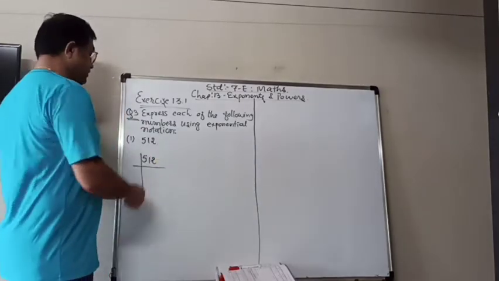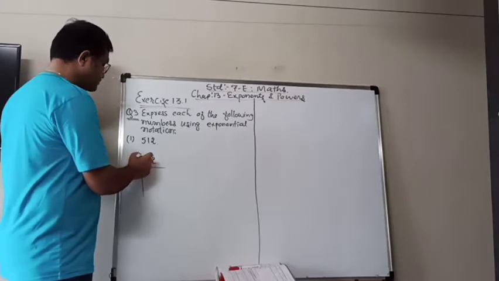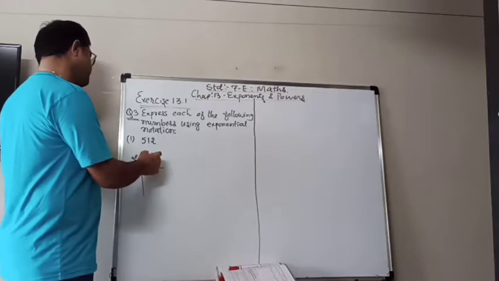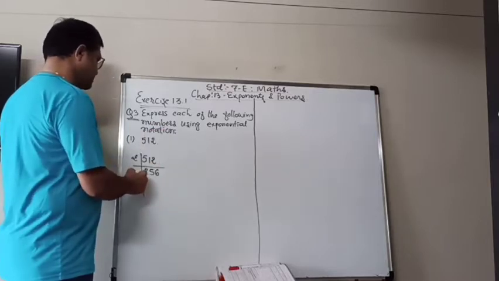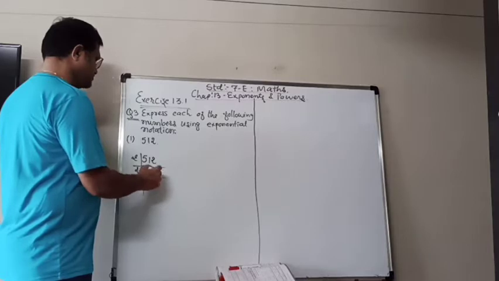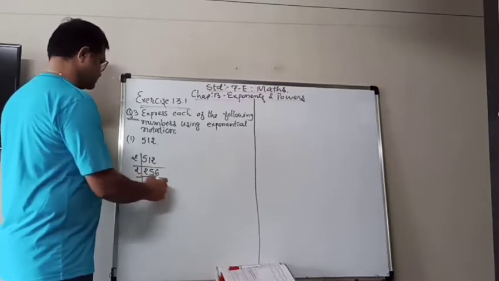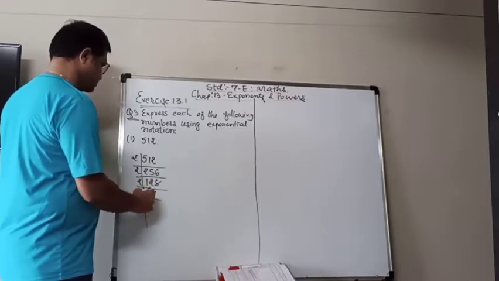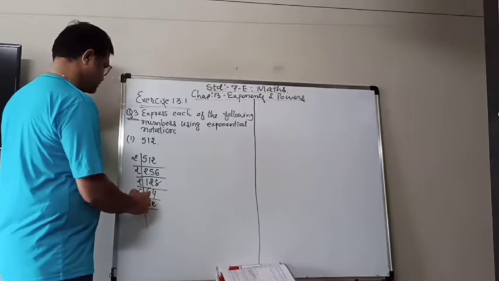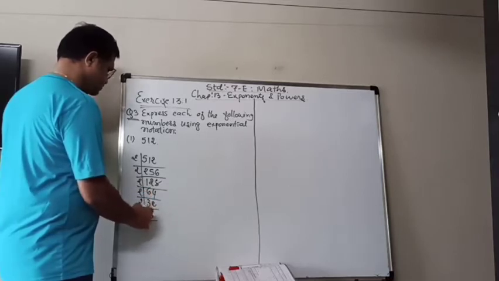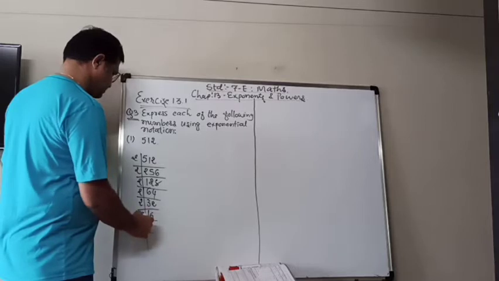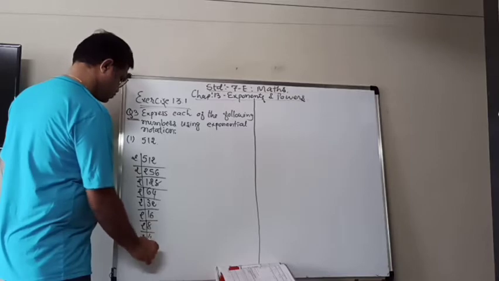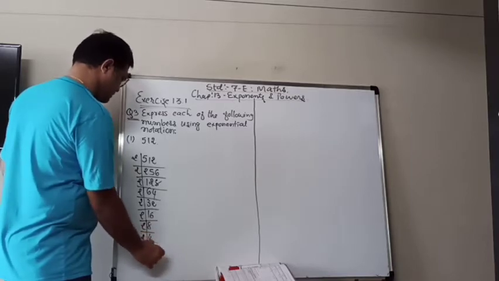So let's get the prime factors of 512. 2 2s are 4, 2 5s are 10, 2 6s are 12, 2 1s are 2, 2 2s are 4, 2 8s are 16, 2 64s are 128, 2 32s are 64, 2 16s are 32, 2 8s are 16, 2 4s are 8, 2 2s are 4, and 2 1s are 2.